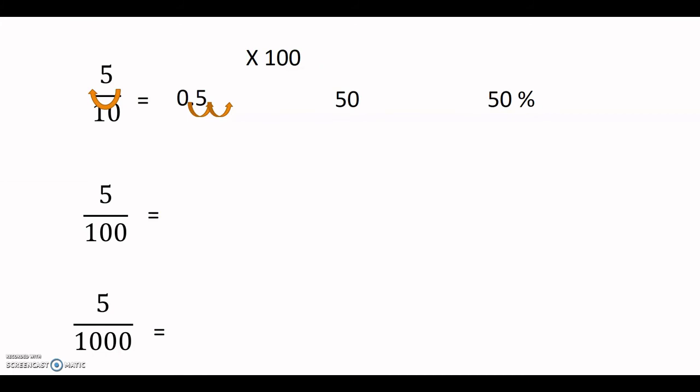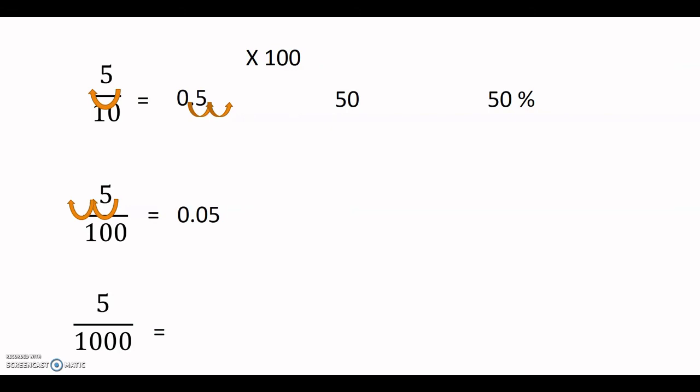In our second example, we have 2 zeros because we have the denominator of 100. So move the decimal point 2 places to the left to get the decimal number. So here we have 0.05. And to get the percentage, the opposite side.